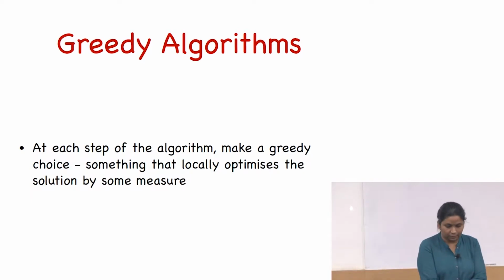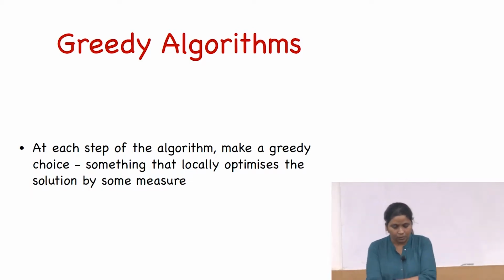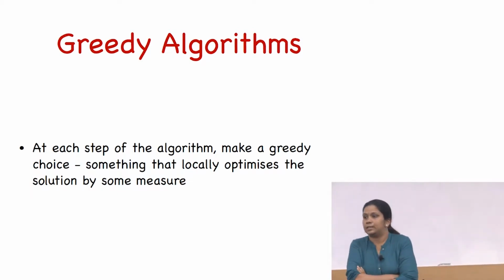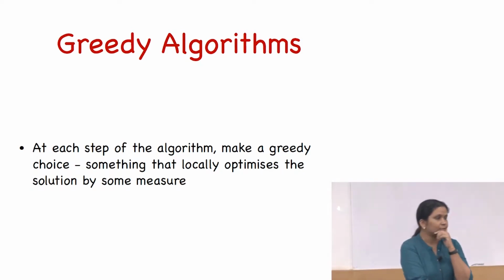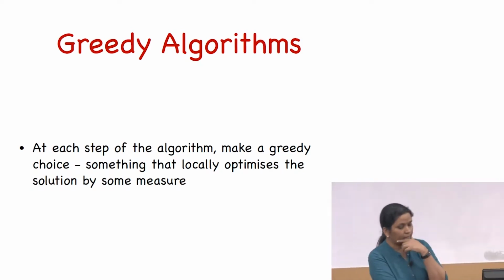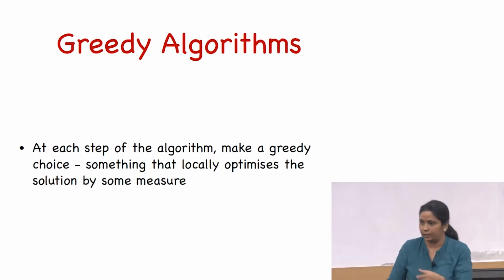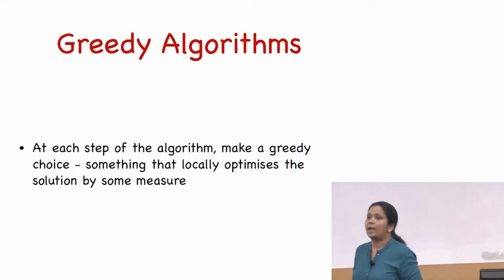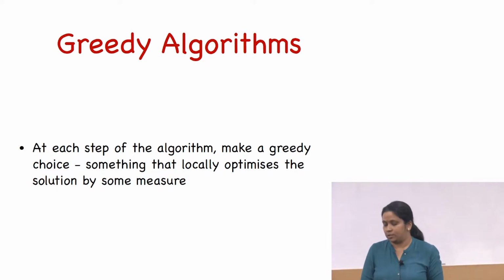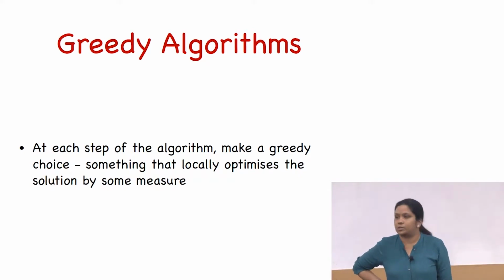So basically the idea is you start with the instance, or you see a particular part of the instance, and choose an element from the input which looks locally optimal.